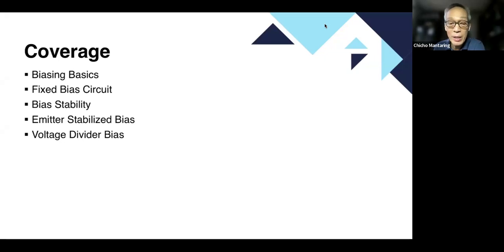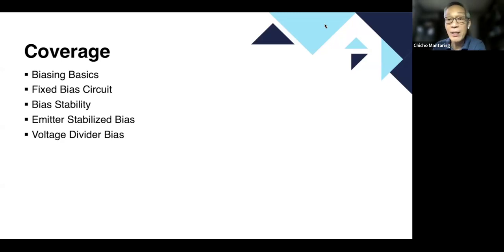Biasing is providing the DC offset voltage to your input to ensure that your transistor will always be operating in active mode. But much more than that. It has to be selected properly so that you maximize the amplitude of the input voltage that can be amplified without distortion.